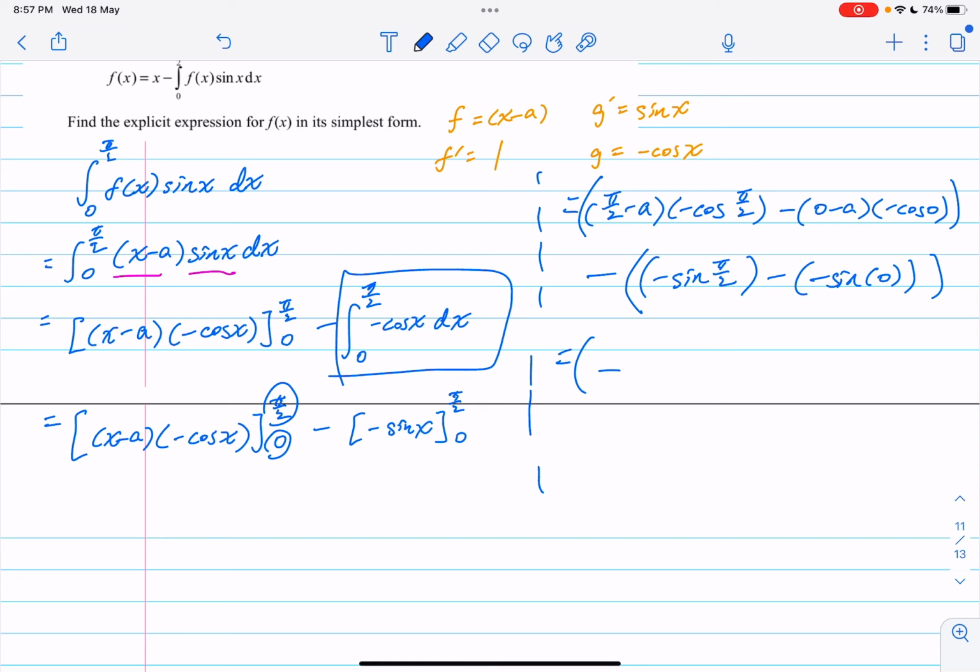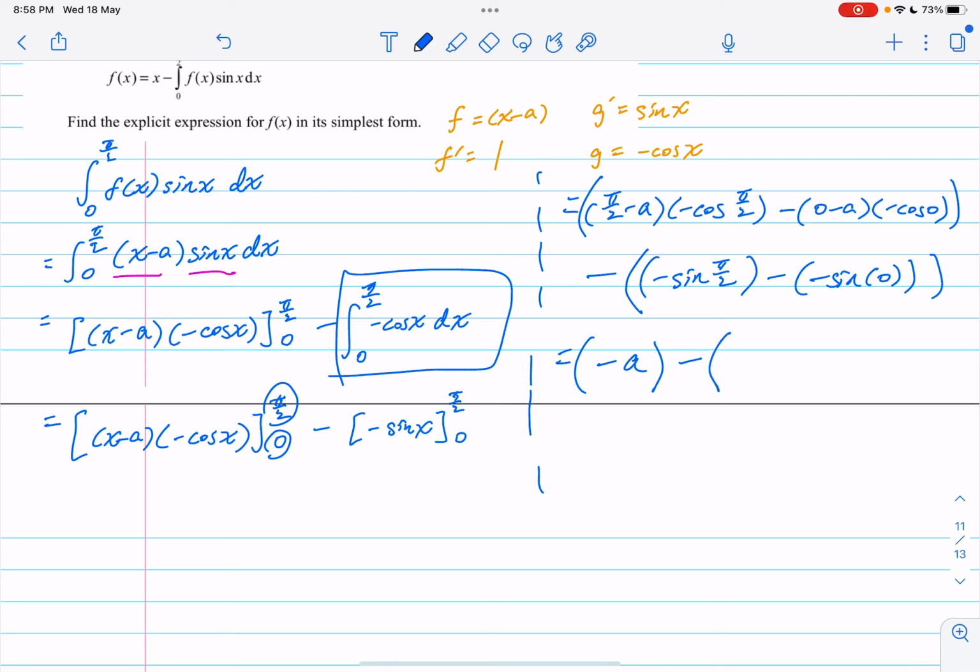Then minus 0 minus a, so that's just going to be minus a, and minus a times the negative, well, minus a then with another negative sign, so that's positive a, okay? a times negative cos 0. Cos 0 is 1. So a times negative cos 0 is minus a. Right?